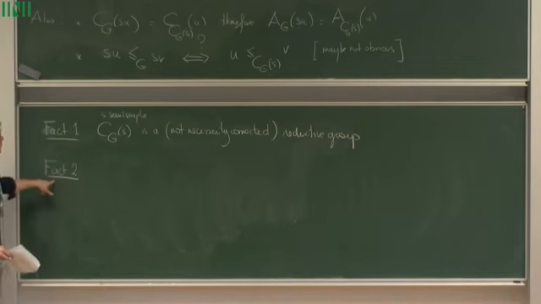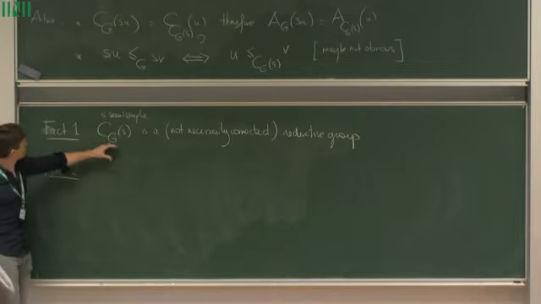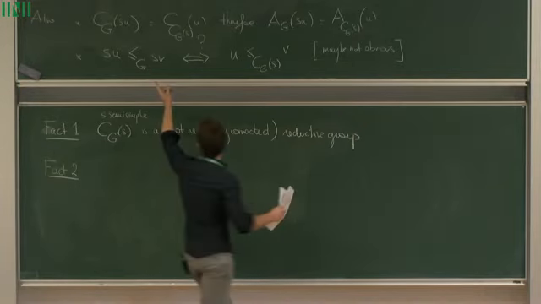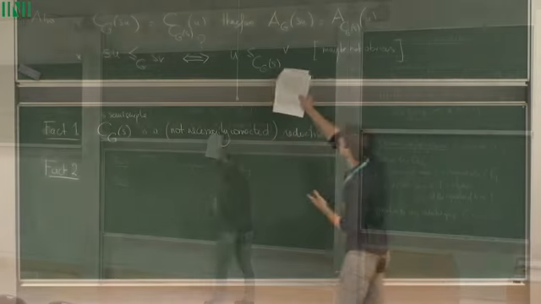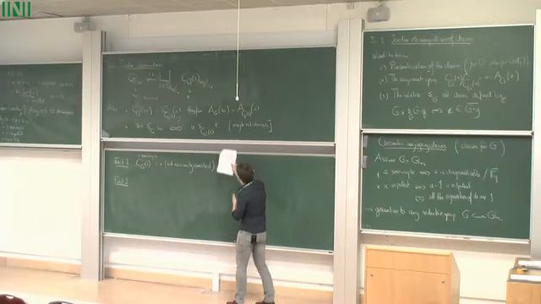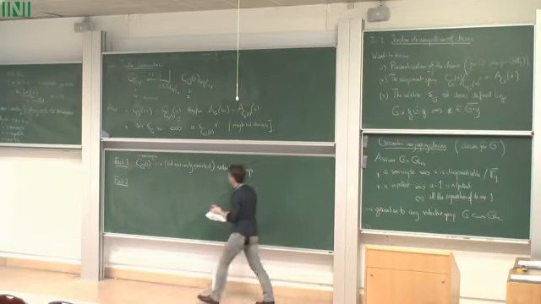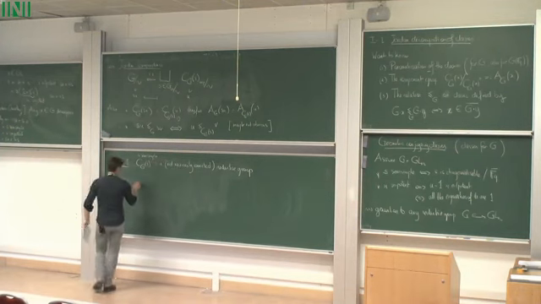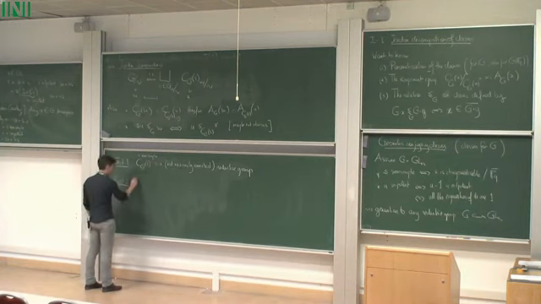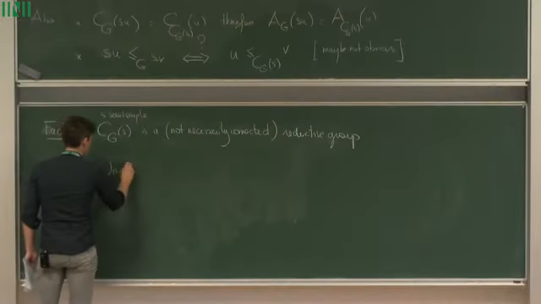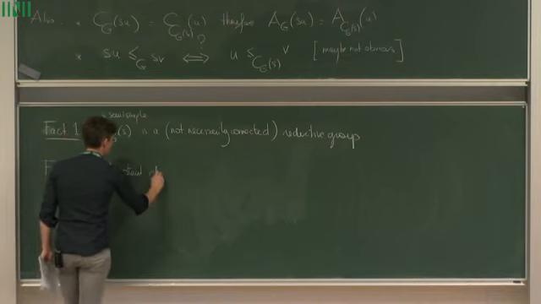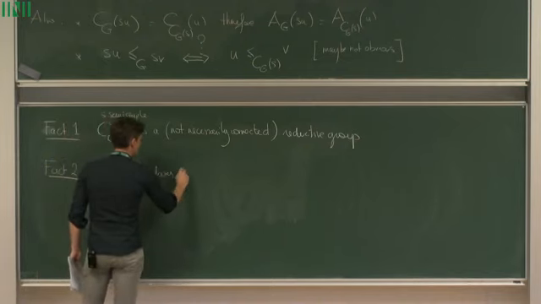The second fact is, once I've gone through this correspondence, I'm working with centralizers of semi-simple elements, but now I'm looking only at unipotent classes. So I want to be able to understand the unipotent classes, their component group.